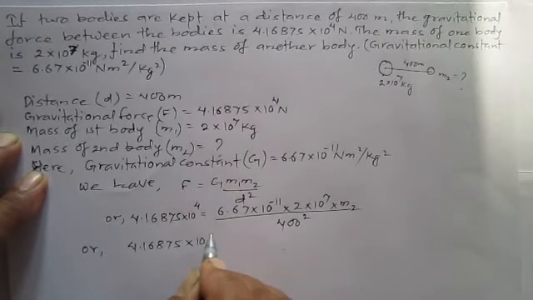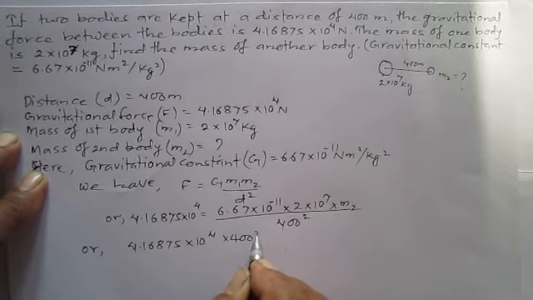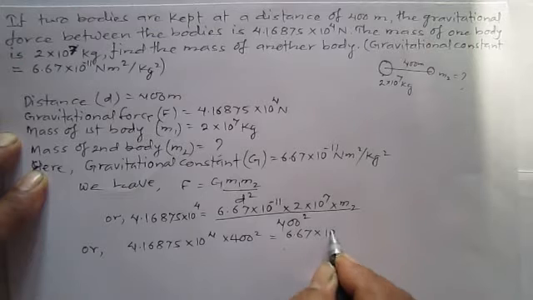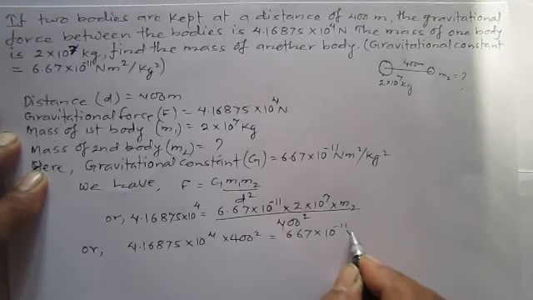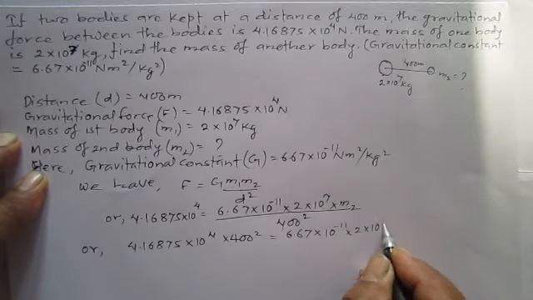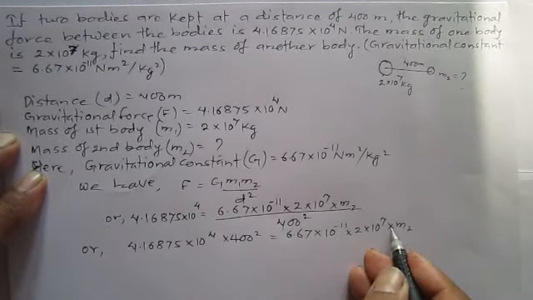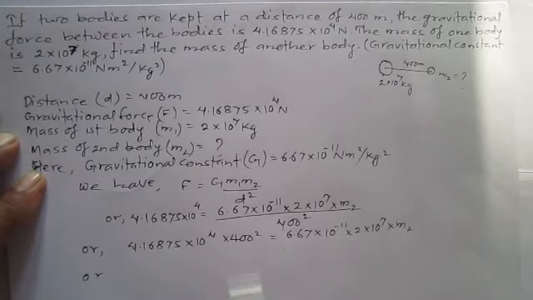Into 10 to the power 4 into 400 square. 400 square is taken to the left hand side. This is equal to 6.67 into 10 to the power minus 11 into 2 into 10 to the power 7 into M2.